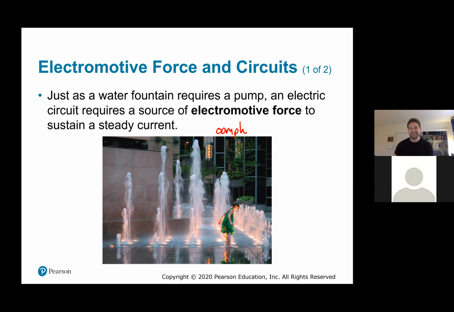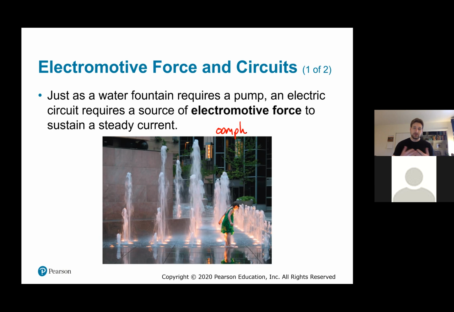Which is a, I don't know, a made up word, an onomatopoeia that has to do with effort. If I want to get these charges to move, I push them harder.